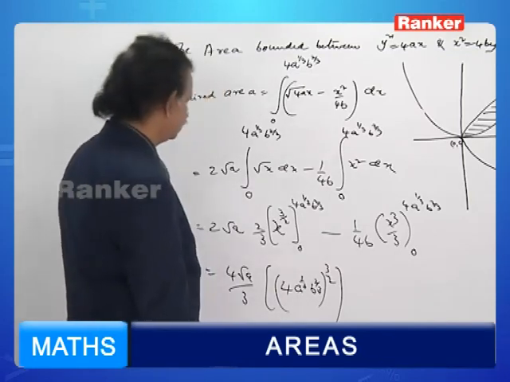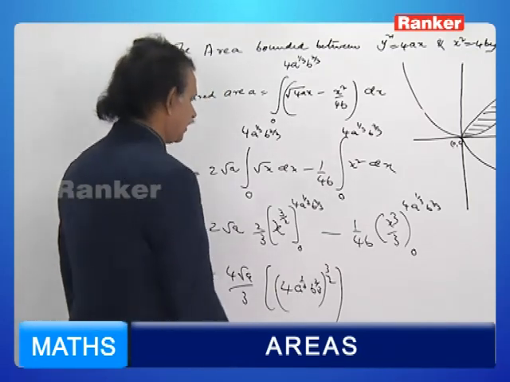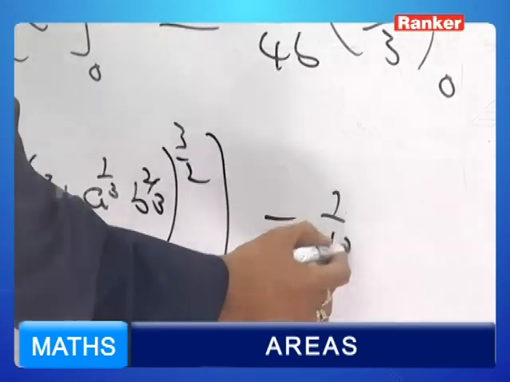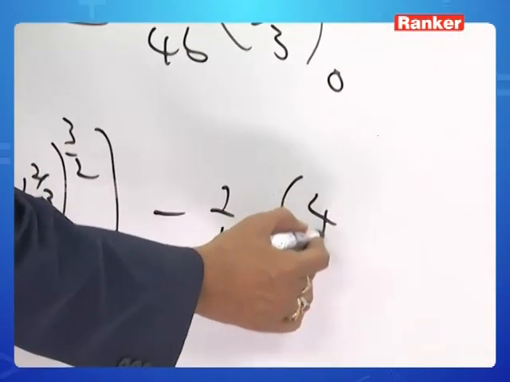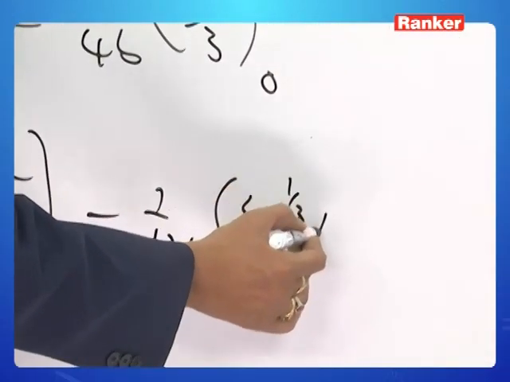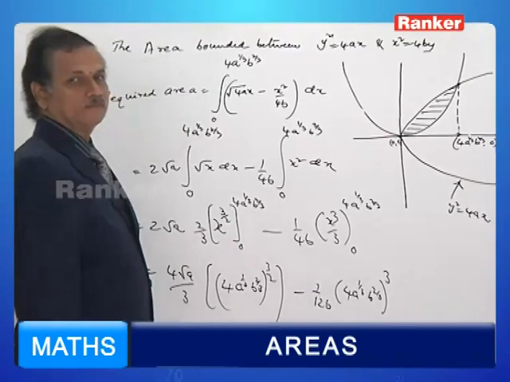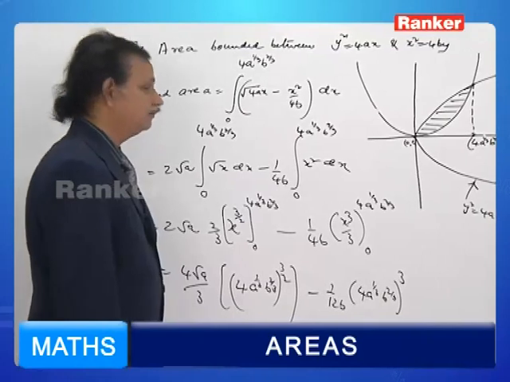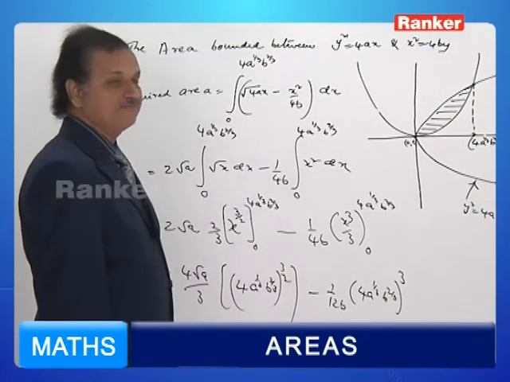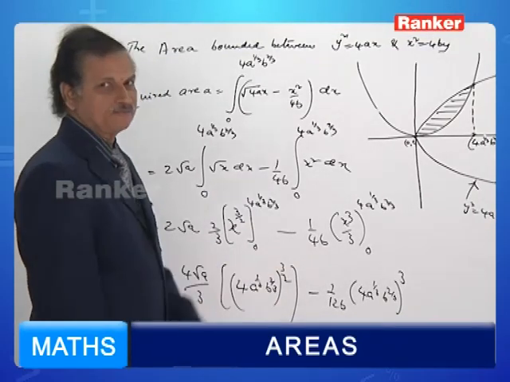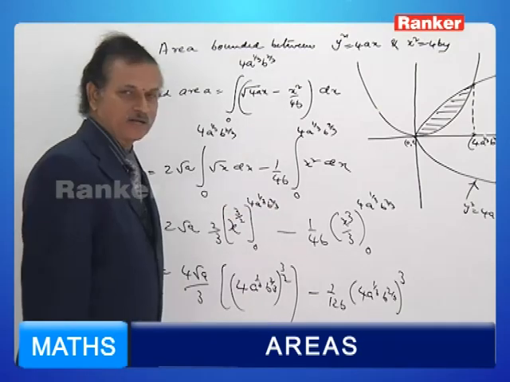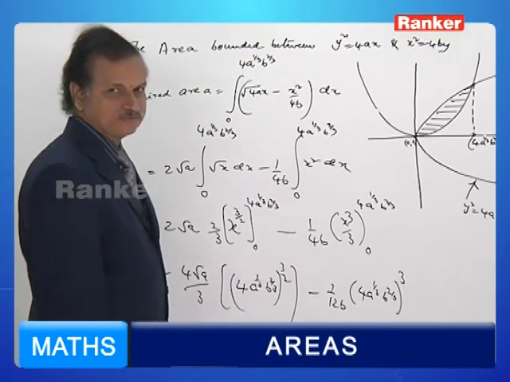Minus 1 by 12b into 4a power 1 by 3 b power 2 by 3 whole cube. Well, I like to remove the graph so that I can utilize some space. Please follow the graph carefully. I am going to rub it off.